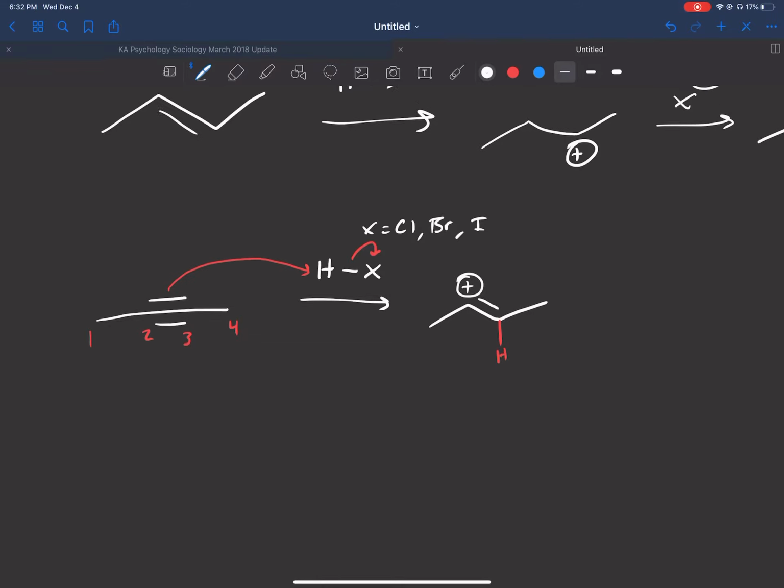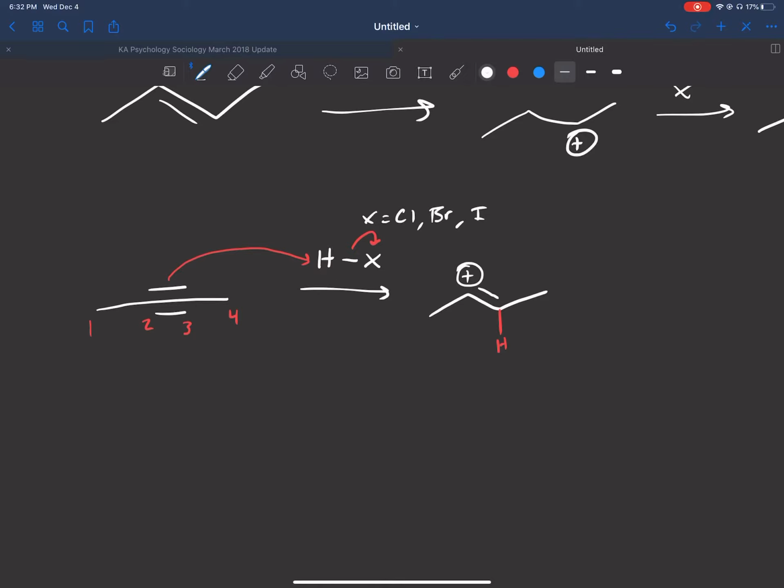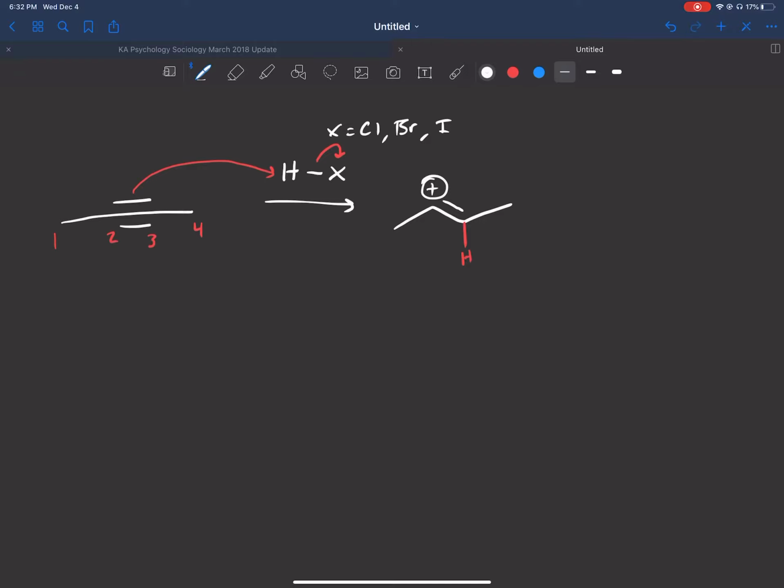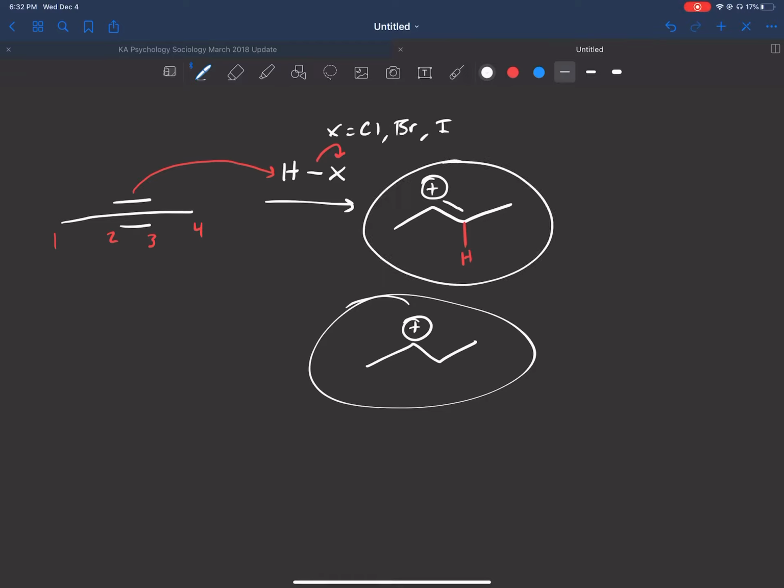Now you guys may be wondering, why is there a carbocation on the carbon of a double bond? This is very unstable. So yes, it's more unstable than if we did the alkene reactions and had a regular carbocation. This is much more stable. It's a secondary carbocation. This is this secondary vinylic carbocation.